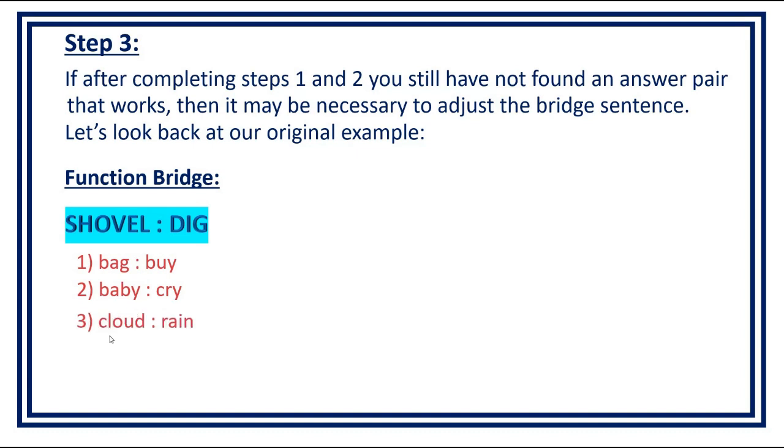Number 3, cloud, rain. Number 4, fork, eat. Number 5, car, stop. So this was our original example.